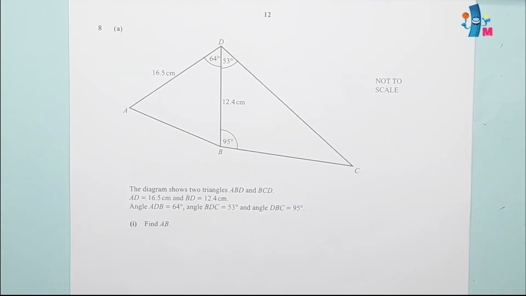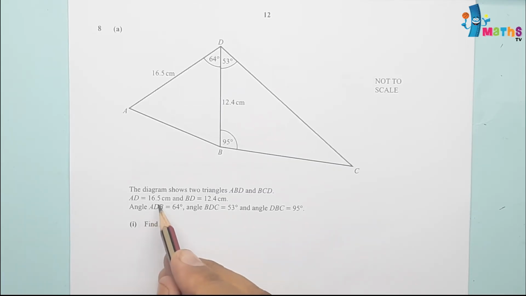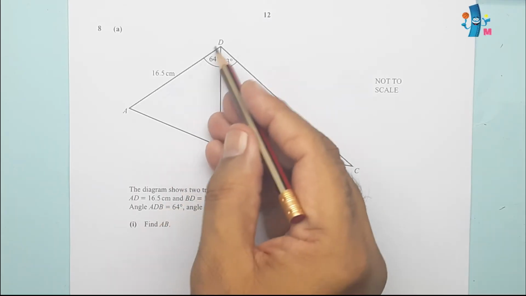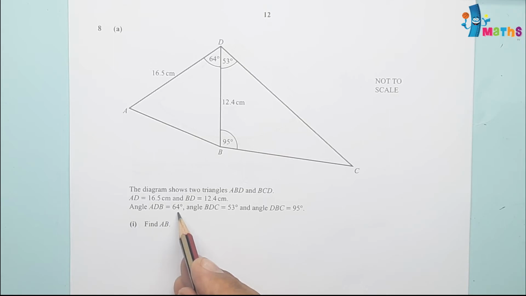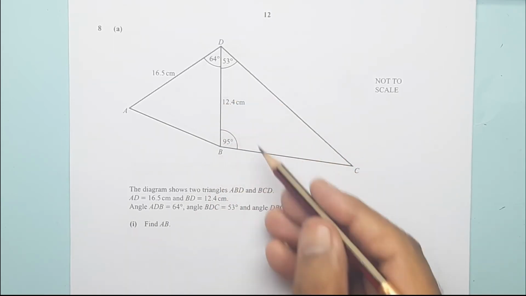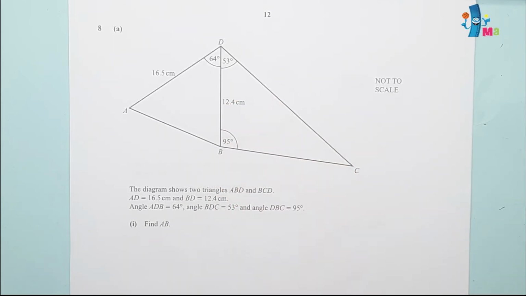Question number 8. This is two triangles joined together. The diagram shows two triangles ABD and BCD. AD is given 16.5, which is this one, and BD is 12.4. 64 angle is given, 53 angle is also given, and 95 is given. Find AB.